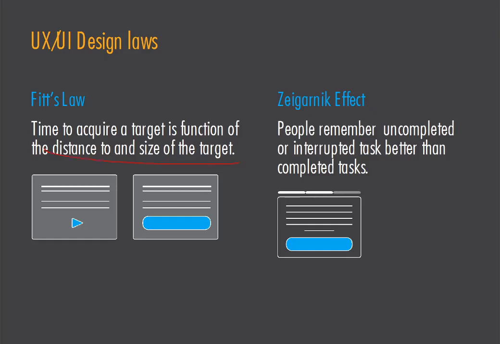Okay, its smaller and shorter description is here. You can read. It is a fancy way of saying that, to simply put, the longer the distance, the smaller the target size.